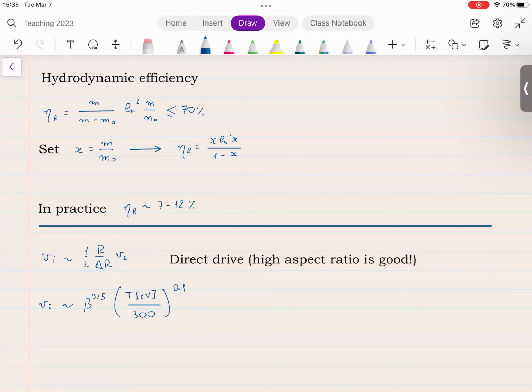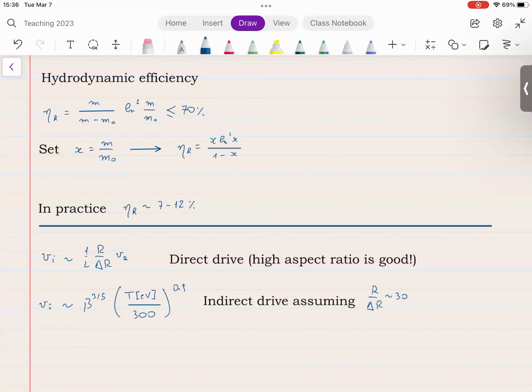And okay, we got all the pieces. That's for indirect drive, assuming an aspect ratio of 30, which is a reasonable assumption.